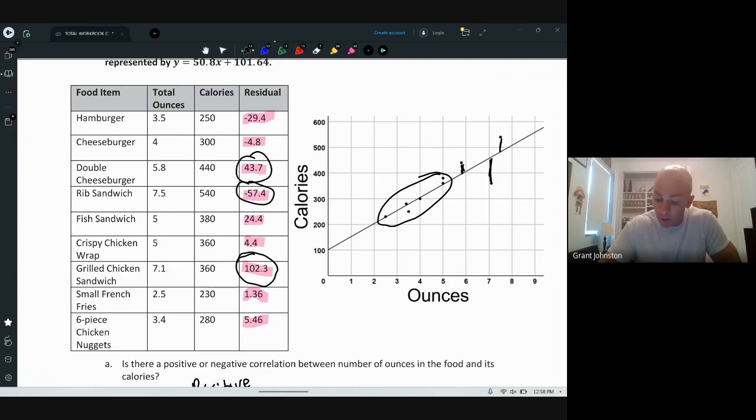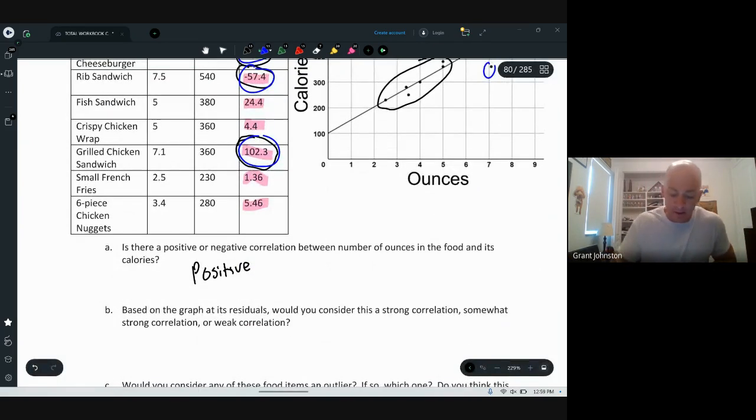And I think that's what we're seeing over here, these points. Maybe I'll circle them in blue. These points here, I think these are those high residual points. So it's pretty strong, but I think some of those, it's not as strong. So I'm going to say this is somewhat strong.